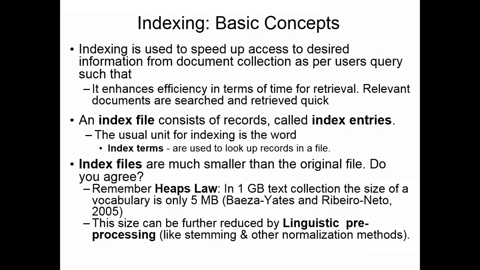If in a 1 GB text collection there are only 5 megabytes of vocabulary, what about in a terabyte text collection? We can calculate and approximate. On top of that, we apply linguistic pre-processing like stemming, stop word detection, and normalization. They reduce the size by at least 13% up to 15%, especially for English textual documents.